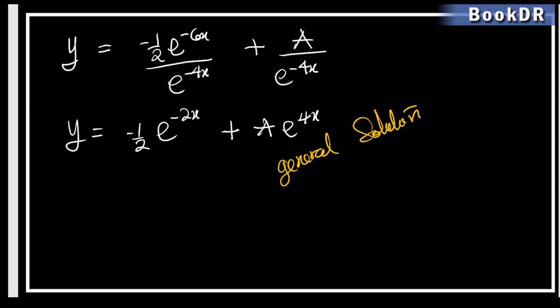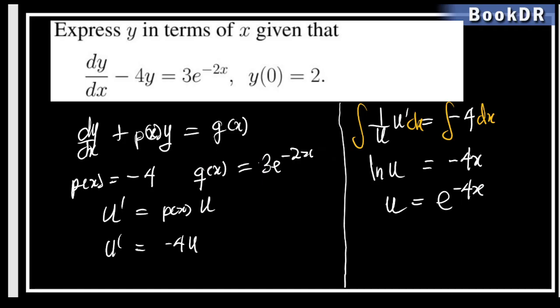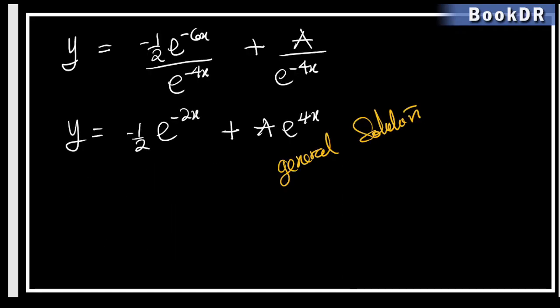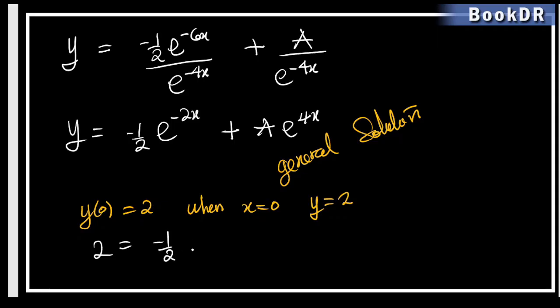We'll then use the initial values to look for the particular solution. The initial value given is y of 0 is equal to 2. This implies when x is equal to 0, y is equal to 2. We substitute these values into the general solution. So 2 will be equal to minus half e exponent 0 plus a e exponent 0.